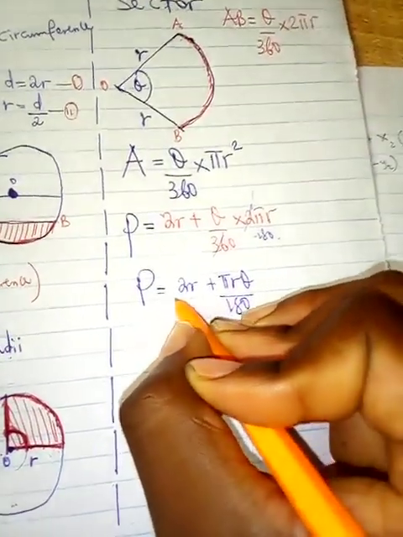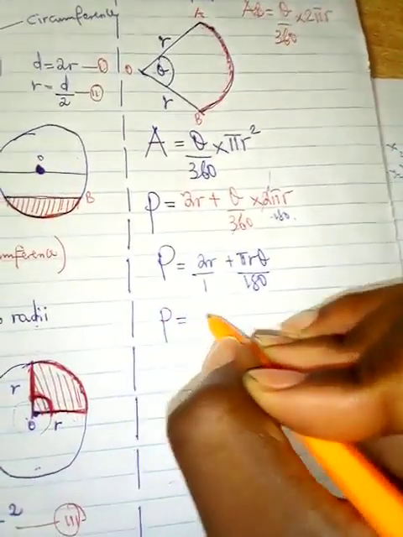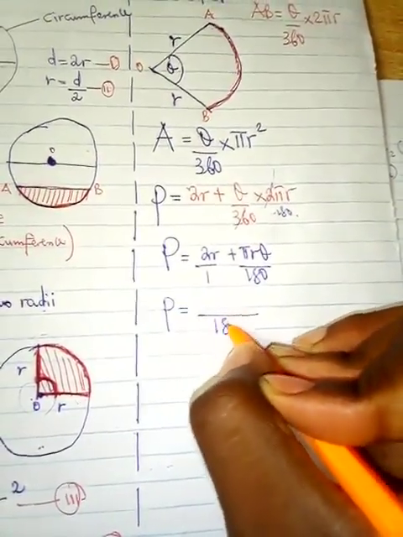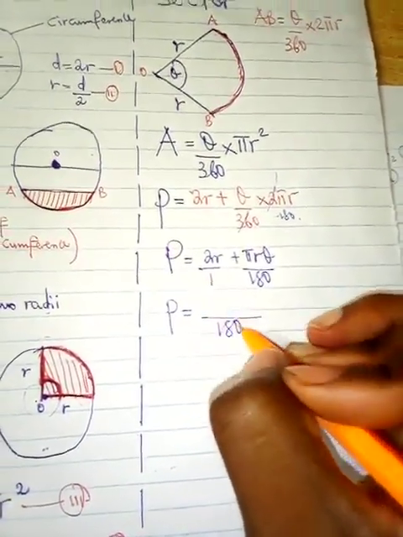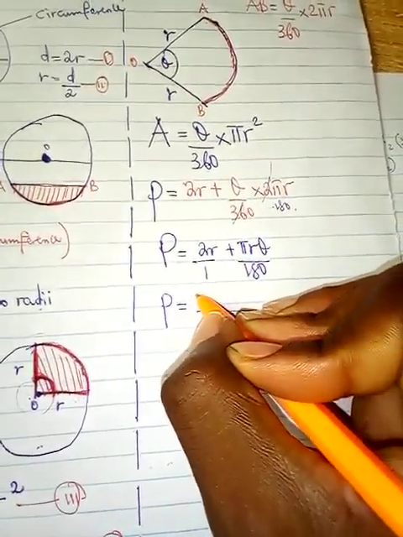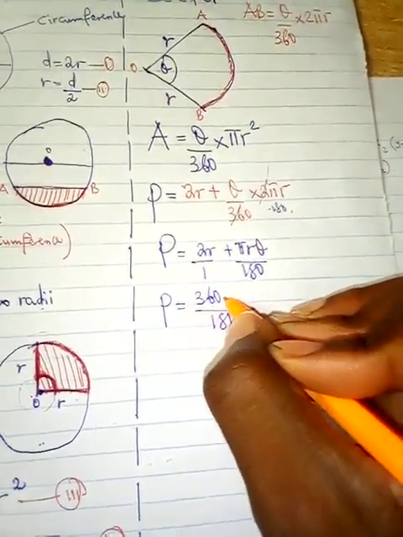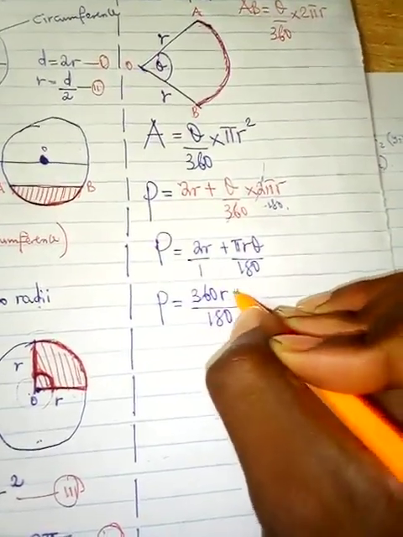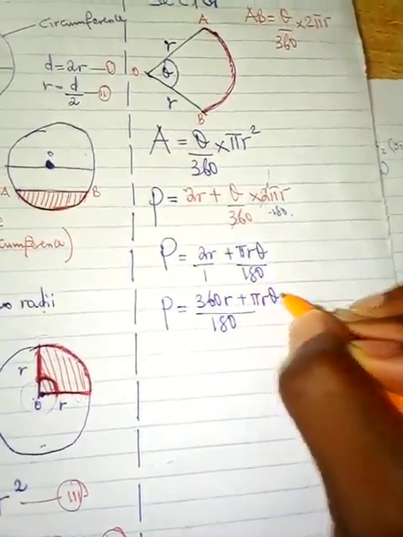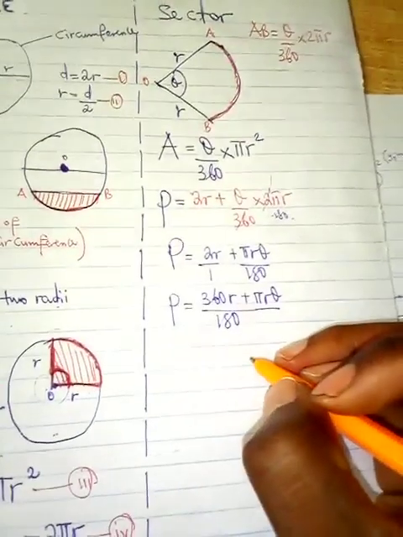And if you choose to evaluate this more, 1 into 180 is 180, times the 2r, you're going to have 360r plus pi r theta, all over 180.